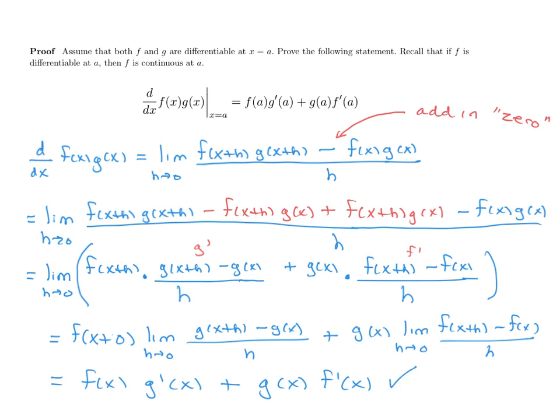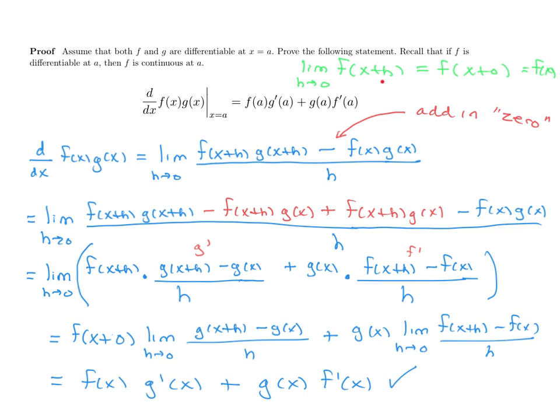One last thought is, why do we need to know that f is continuous? And that's from this step here to this step here. Here, we were taking the limit as h goes to 0 of f of x plus h, and I said this is equal to f of x plus 0, which is f of x. Why is this true?